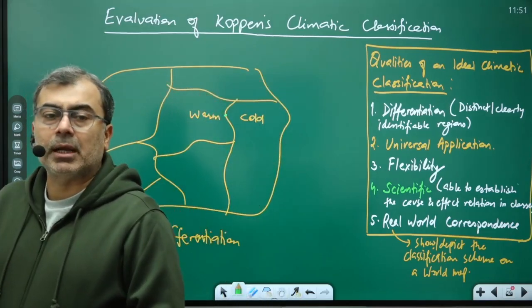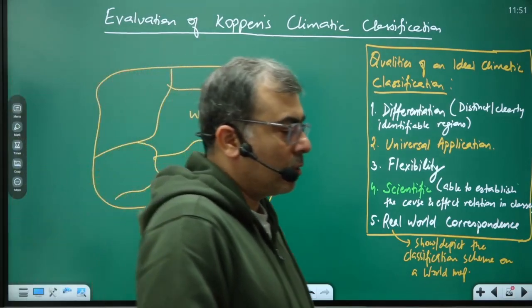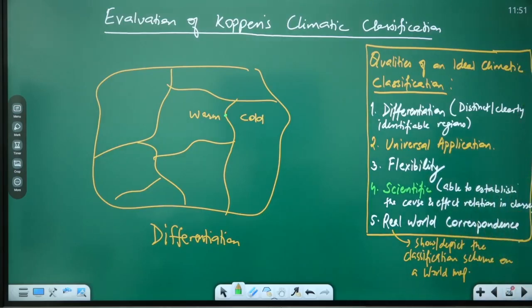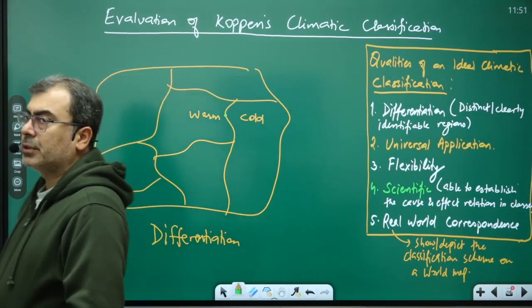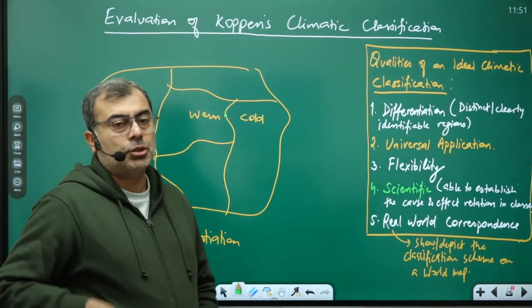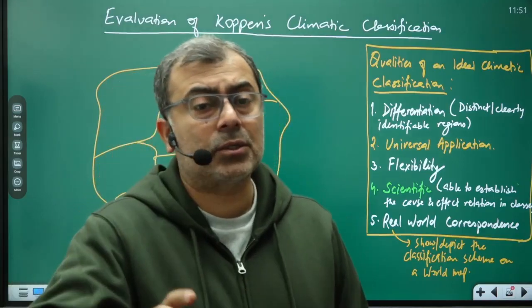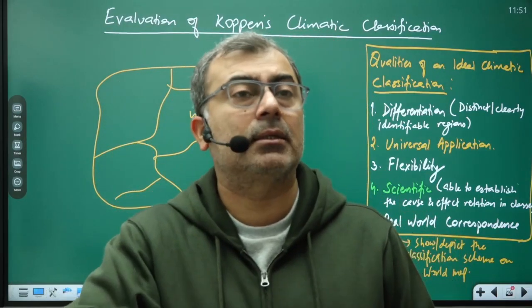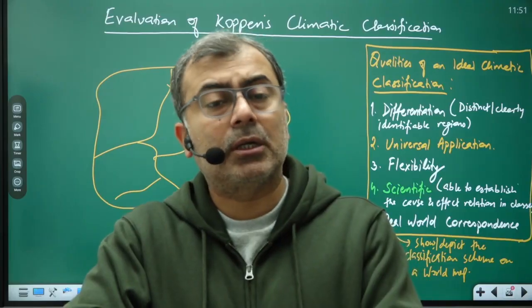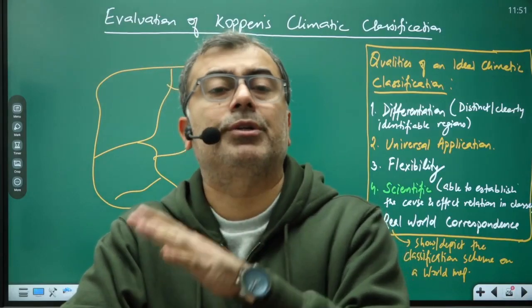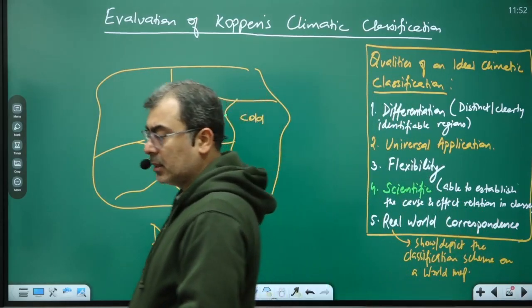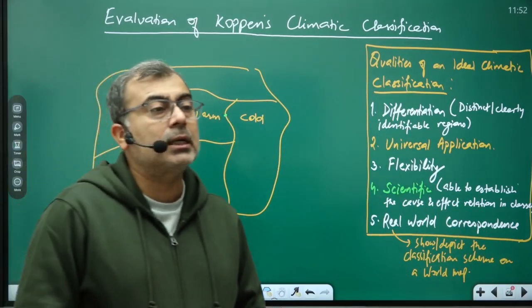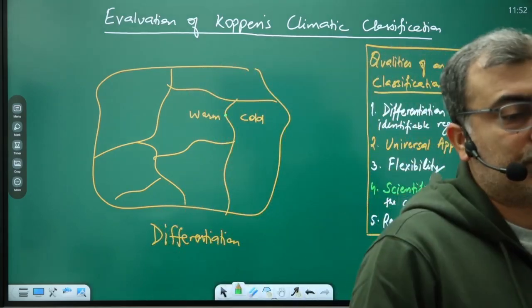The boundaries of the climatic regions show a strong concurrence with, remember concurrent lines, ज्योमेट्री में पढ़ते थे, concurrence with the vegetational boundaries. So जो उनके climatic boundaries हैं show a great concurrence with the vegetational boundaries.